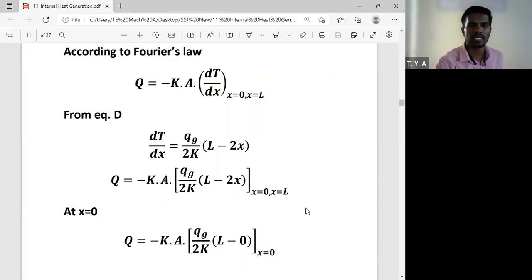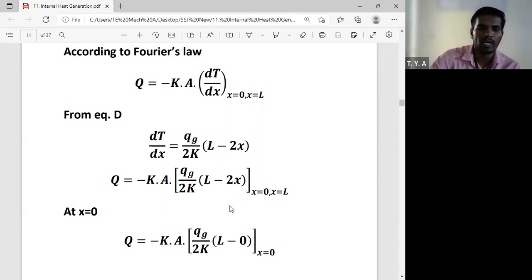The value put करा त्याच्यामध्ये at x is equal to 0 and x is equal to L. आता initially we have to calculate at x is equal to 0 what is the value of Q. x ची व्हॅल्यू 0 पुट करावी लागेल.